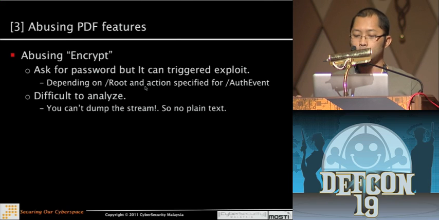And then, of course, it depends on the event, like the auth event, for example .open, so it will trigger when you open the PDF. But if your /Root has a pointer that points to a different object that has an exploit in it, it will trigger that first, and then it asks for the action from this event.